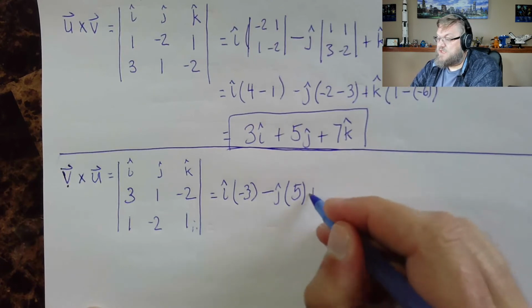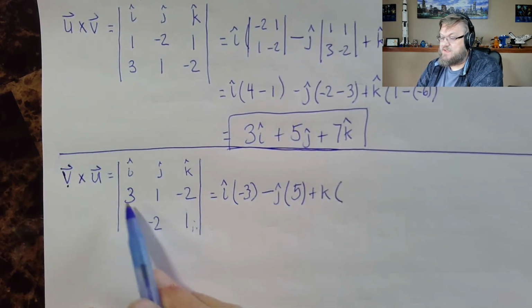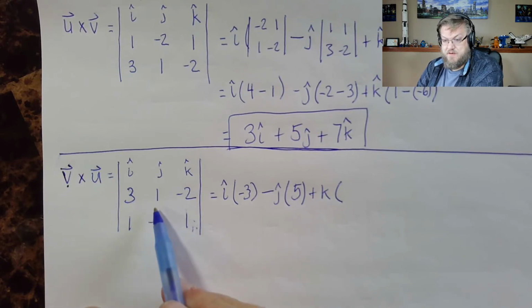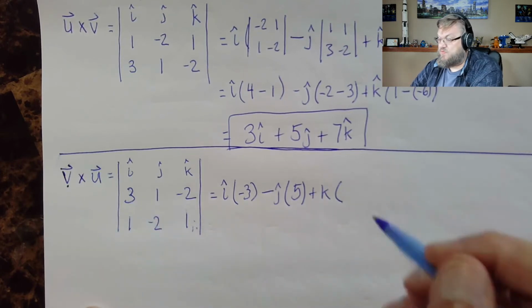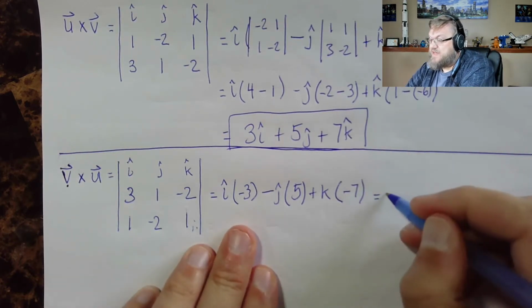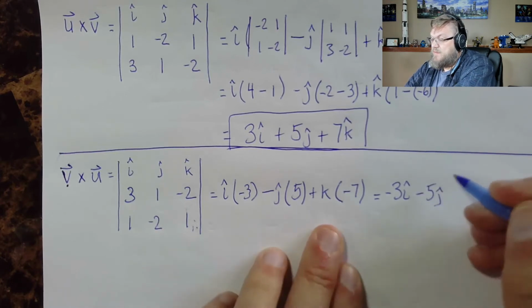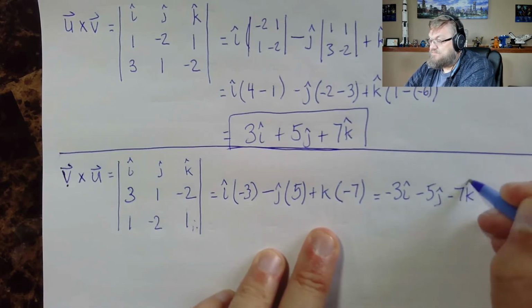And then plus k. The 2 by 2 there is going to be negative 6 minus 1, which is negative 7. So I get the end result of negative 3i minus 5j minus 7k.